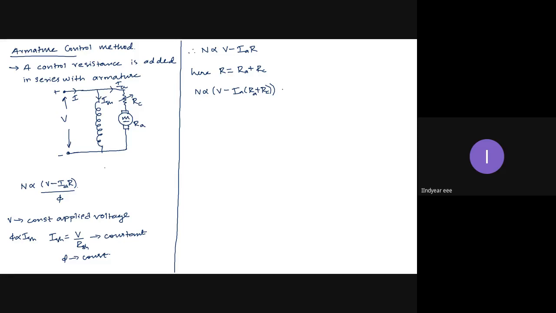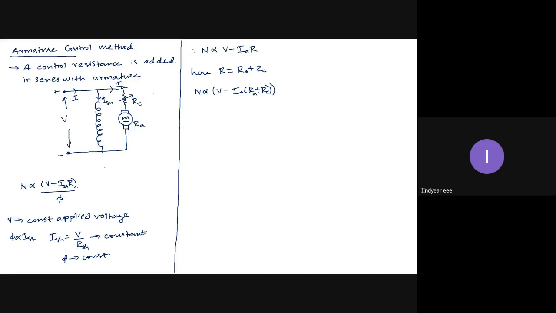Now, when the control resistance is at its zero position, because the minimum value of any resistance is zero. It is a variable resistance, so I can vary it from 0 to its rated value.